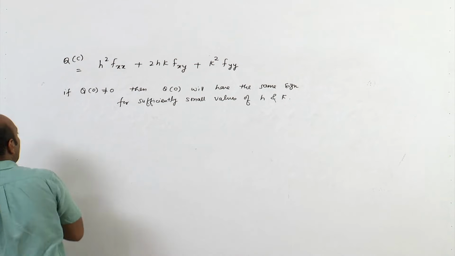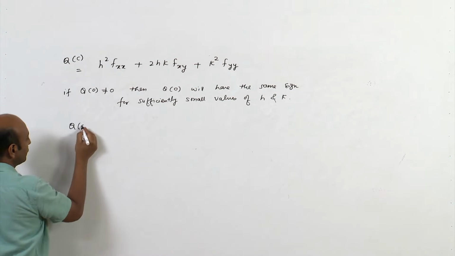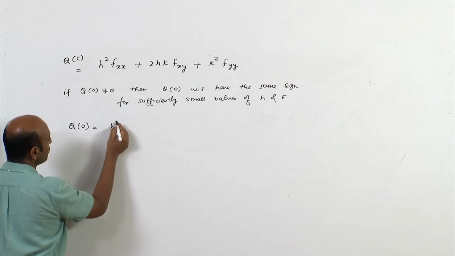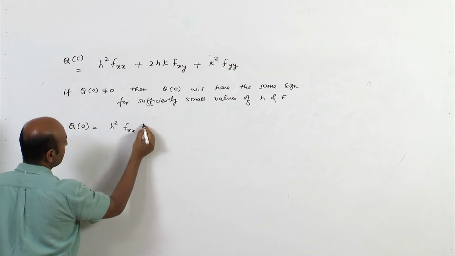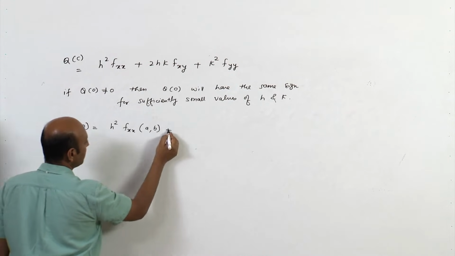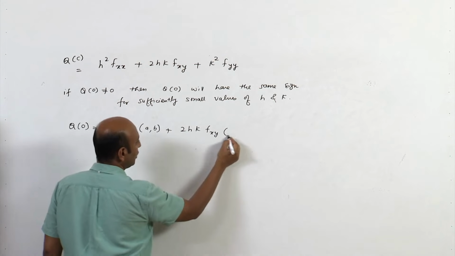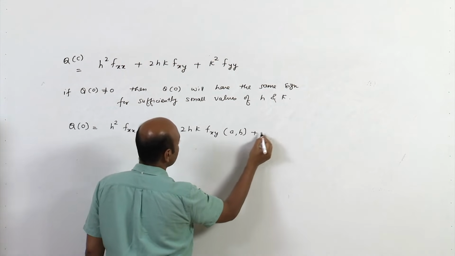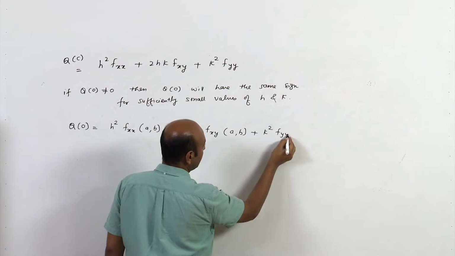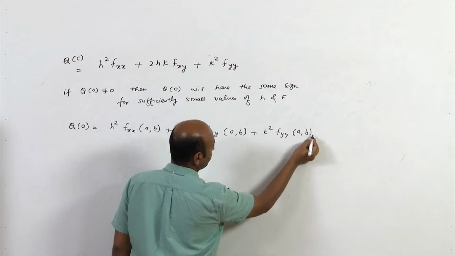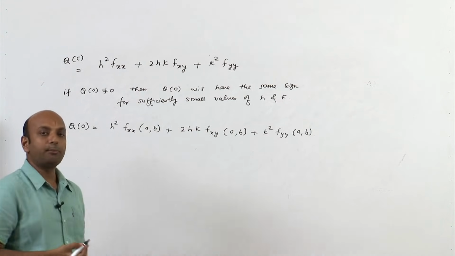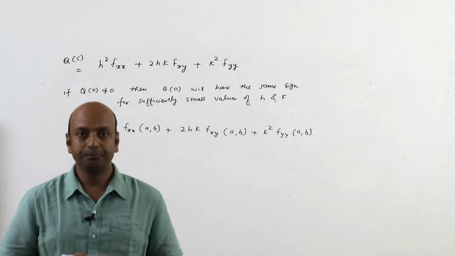So, Q0 will be h square f x x at a comma b plus 2 h k f x y at a comma b plus k square f y y at a comma b, because when C is 0, the point will be nothing but a comma b.